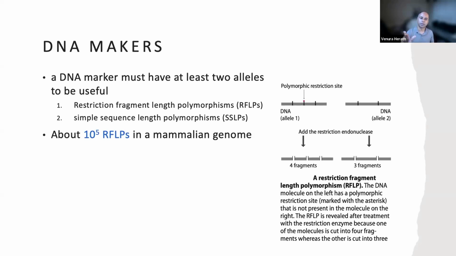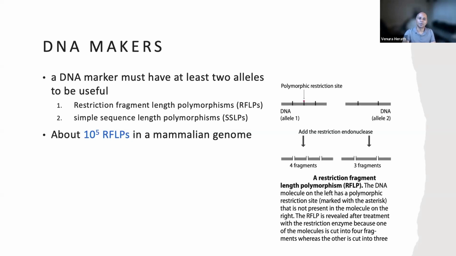When we take our DNA and cut the genome using a restriction enzyme, you will get different size fragments. Then we can visualize them and identify that this RFLP fragment will act as a marker. Based on that you can build your genetic map.